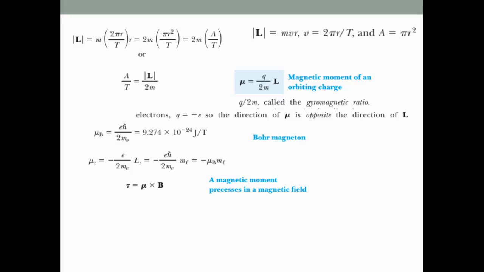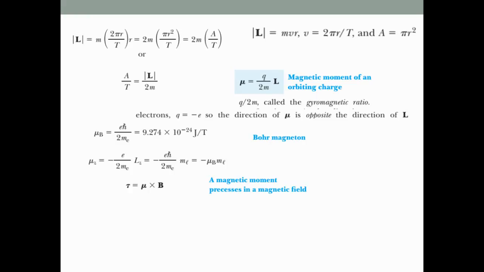Suppose an external magnetic field B is applied along the z-axis of an atom. According to classical electromagnetism, this atom experiences a torque, tau equal to mu cross B, and that torque tends to align its moment with the applied field.